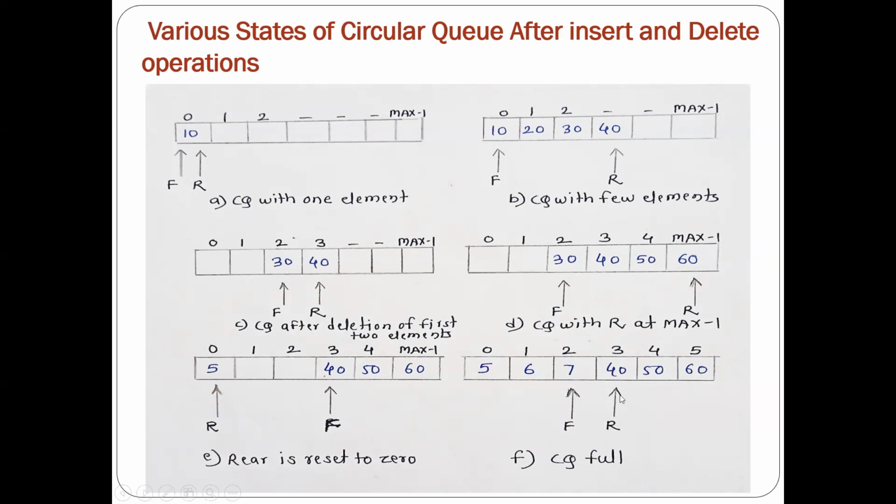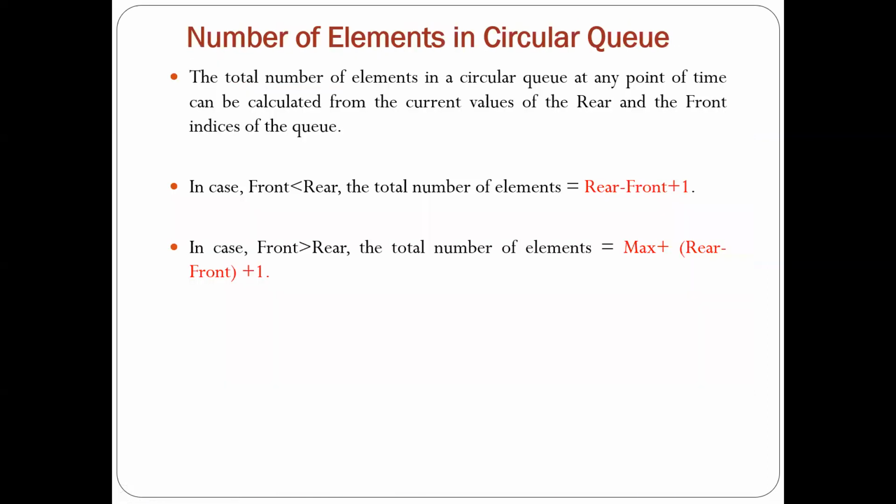So the circular queue will be full when your front is one position behind the rear, or if the front is at the 0th position and rear is at the last position. These queue full conditions you always have to remember related with the circular queue.